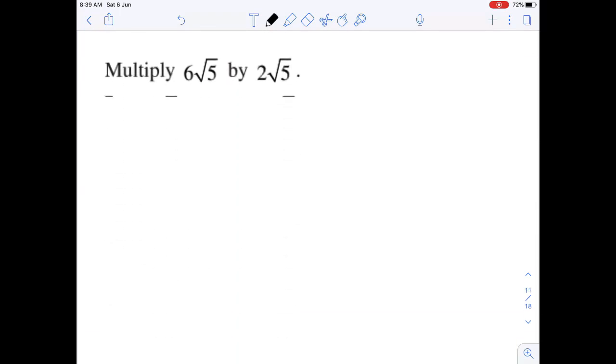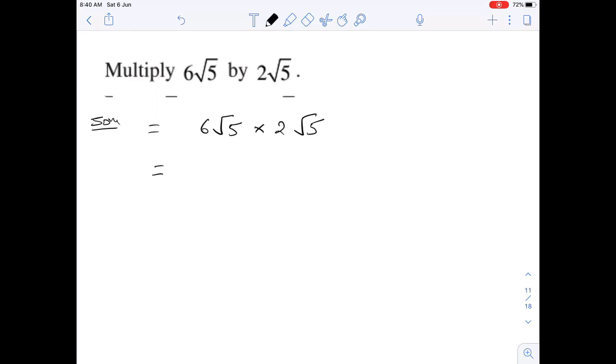Now here it is given to multiply 6 root 5 by 2 root 5. So let us do this multiplication. First let us write it in multiplication form, 6 root 5 into 2 root 5.